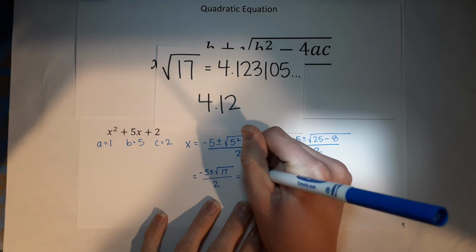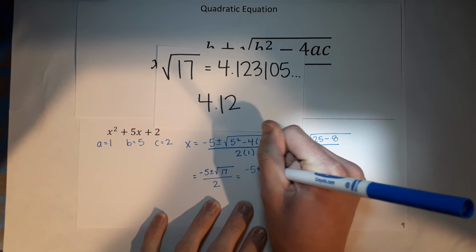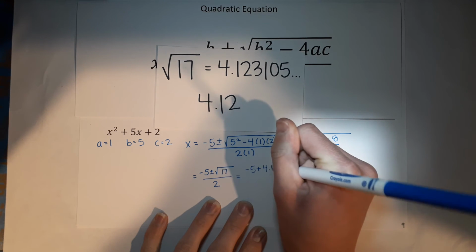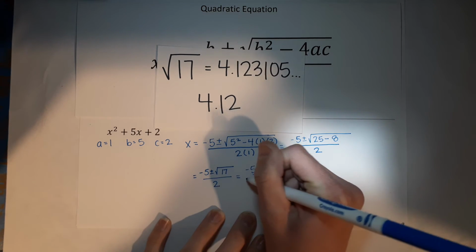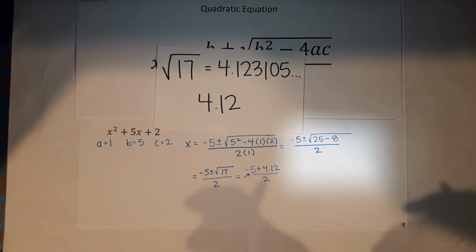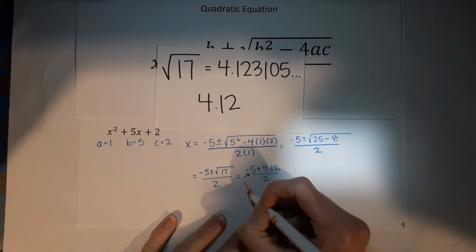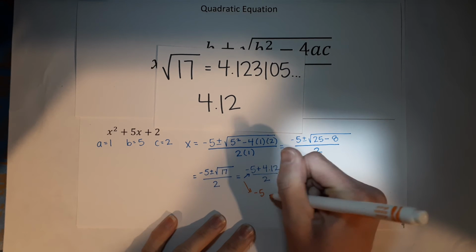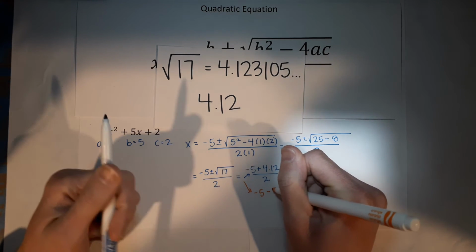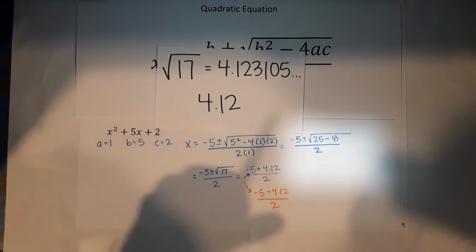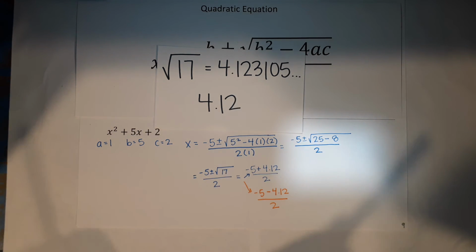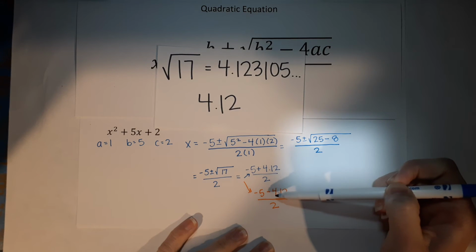So we're going to have -5 plus 4.12 all over 2. And there's my 1. Now I'll do a different color. We're going to have -5 minus, sorry, I had my marker in my mouth, 4.12 all over 2. Okay, so same numbers. One is plus, one is minus.